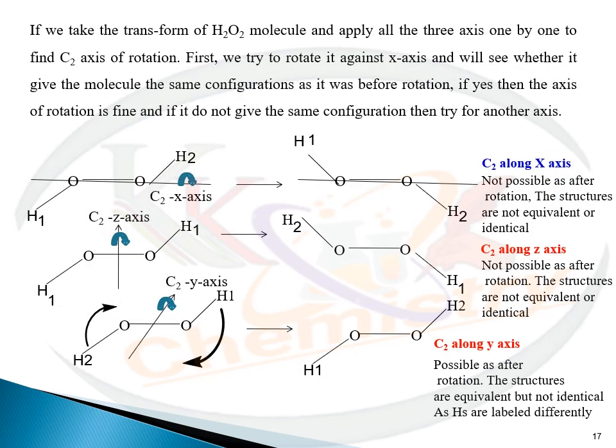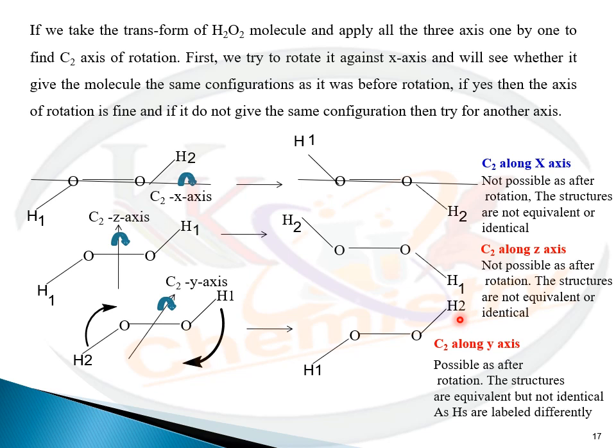In the case of hydrogen peroxide, a trans molecule, how will you decide which type of axis exists in this molecule? C2 along x-axis? No, the structure is not the same. C2 along z-axis? No, the structure is not the same. And along the y-axis, if you perform the C2 operation, we get the exact structure. Forget about the numbering.